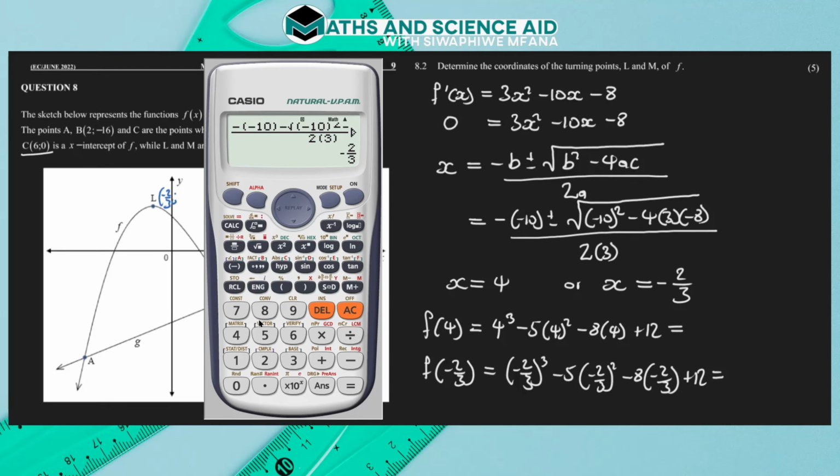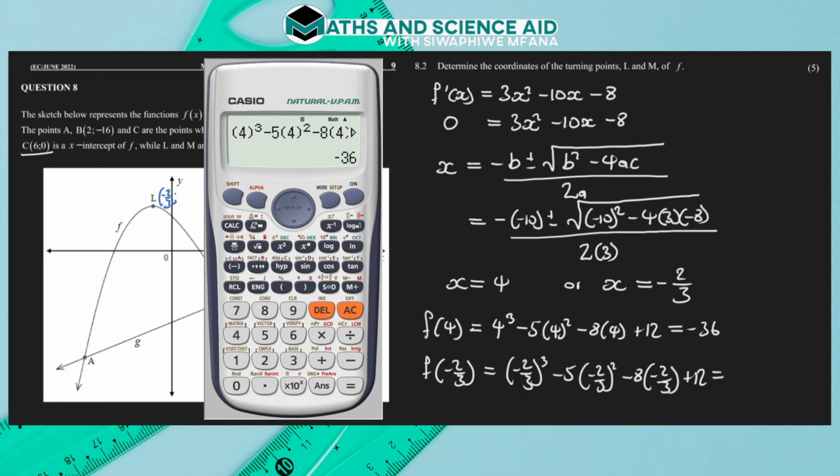So starting with x equal to 4, we have 4 cubed minus 5 into 4 squared minus 8 into 4 plus 12. And this is equal to negative 36.